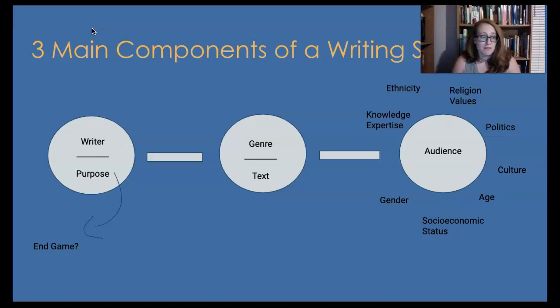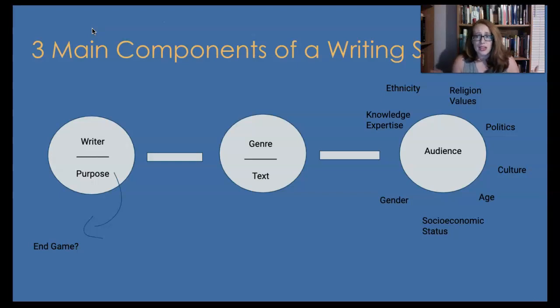Politics: if you're writing about something that's definitely a political issue, your audience's political affiliation is going to determine possibly their knowledge base, what kind of media they're watching, their concerns, that kind of thing. Culture, gender, socioeconomic status.